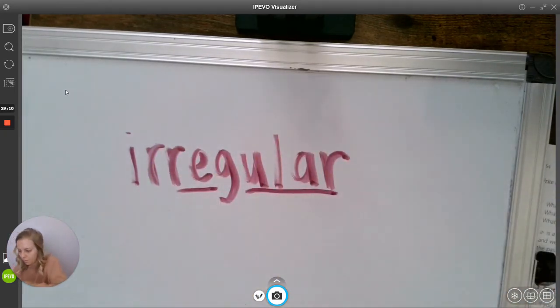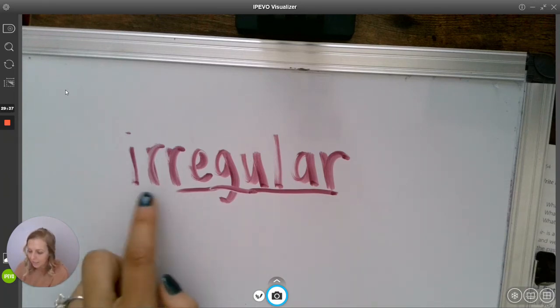Make that one continuous line. Regular. And what does regular mean? What do you think regular means? Like normal, maybe? That might be a good way to describe it. And what do you think irregular means? So if I say irregular, what do you think that means? Maybe not normal or different, right?